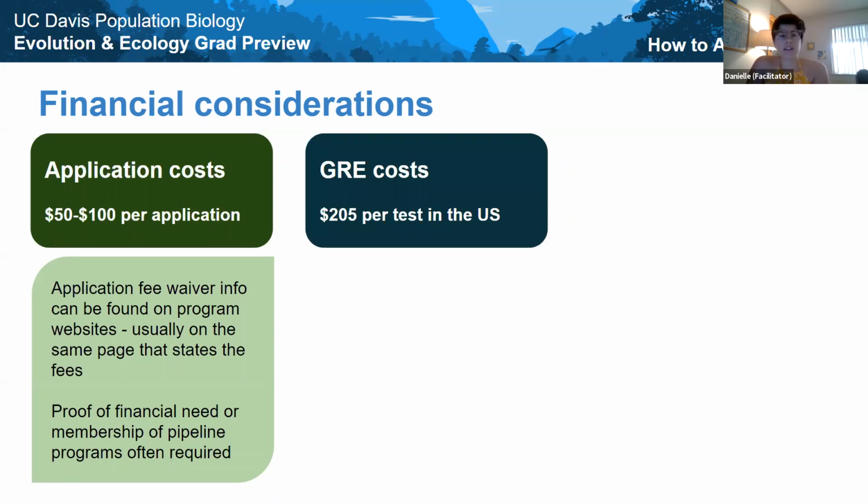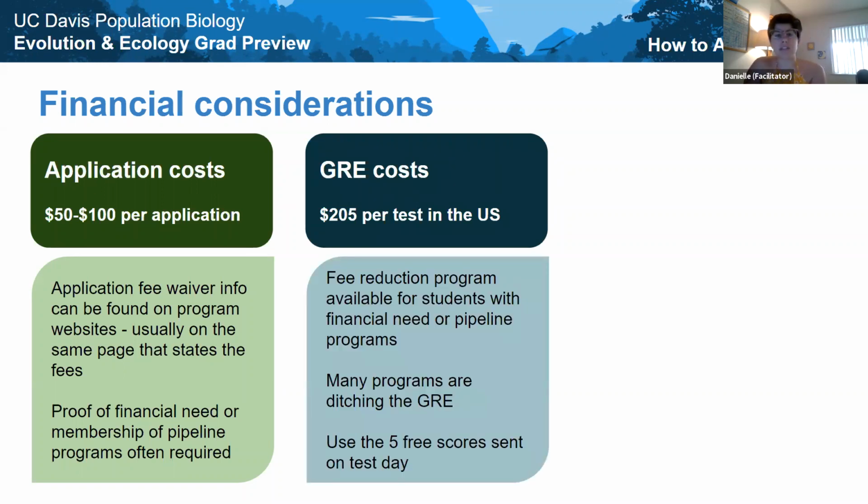Now, the GRE costs $205 per test in the US, which is a considerable amount. So the company that issues the test, ETS, offers a GRE fee reduction program that requires a 50% test fee payment to apply, and if accepted, test takers receive a fee voucher for the remaining 50% of the cost.